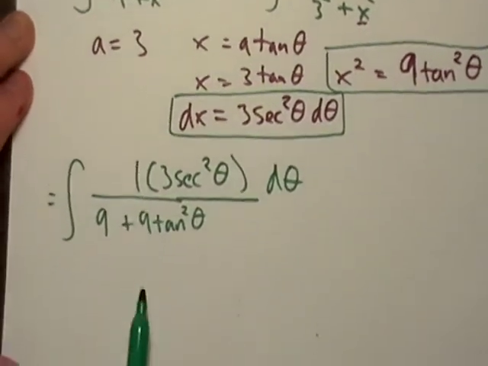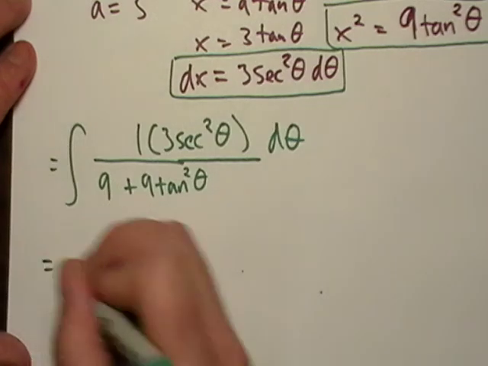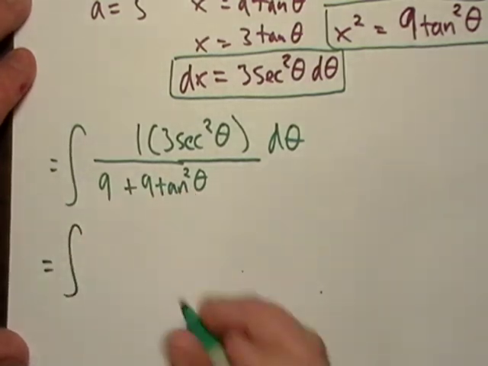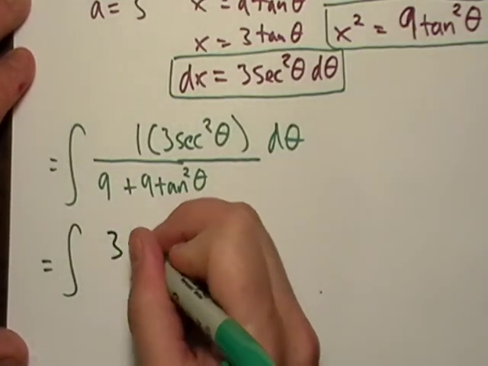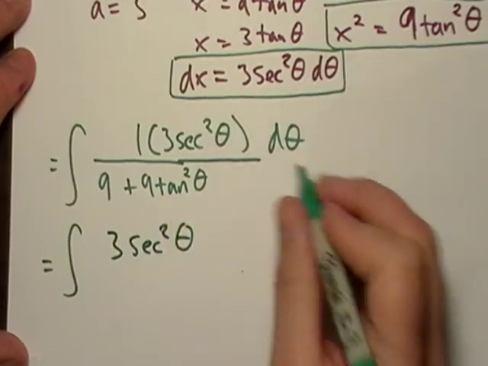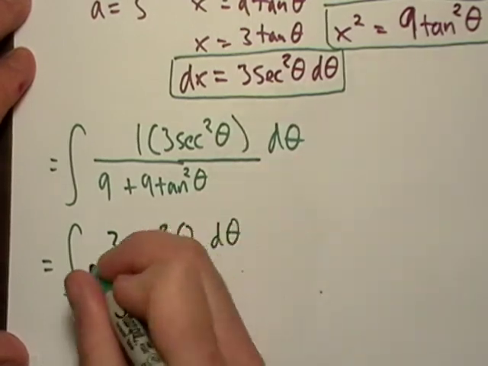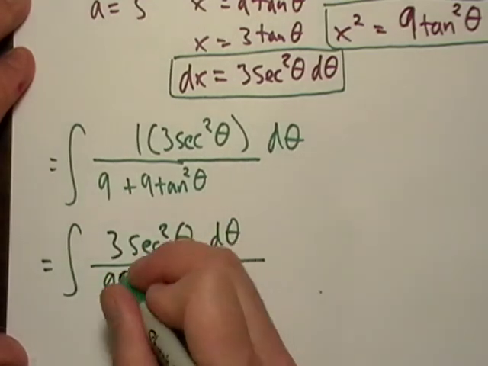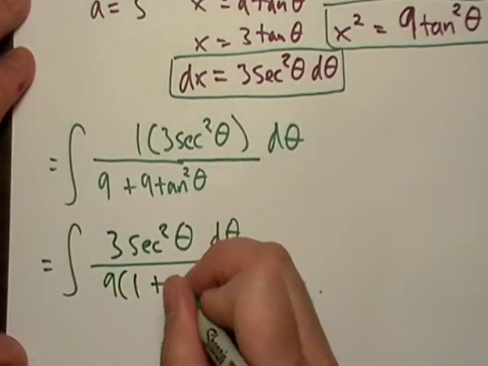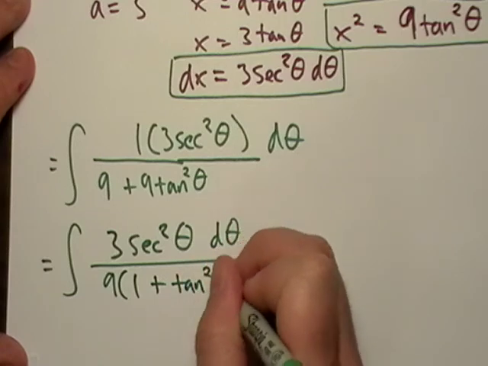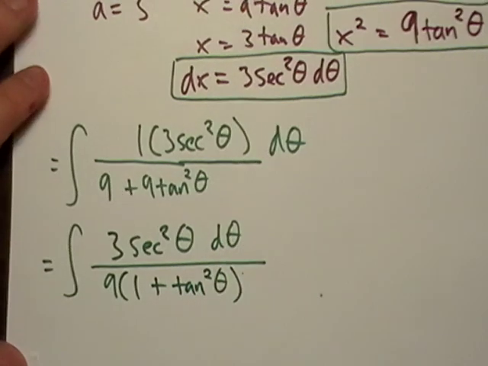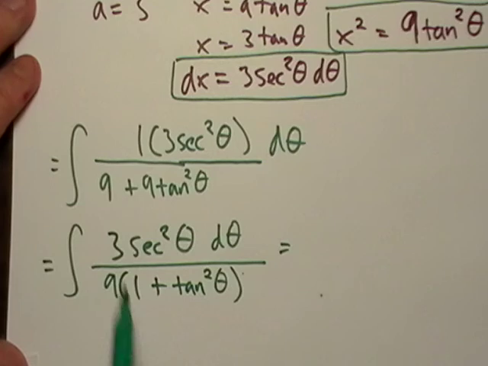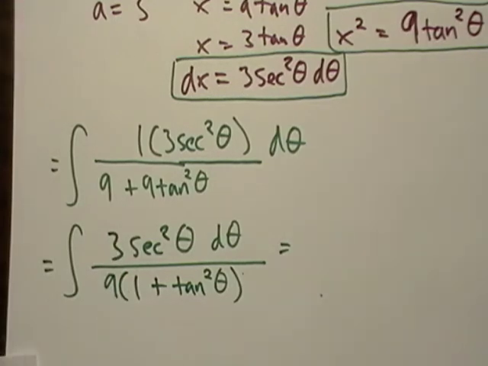Okay, so let's clean this up a little bit. This is going to be 3 secant squared theta times d theta, divided by, I'm going to factor the 9 out. And notice how this crosses out to 1/3.